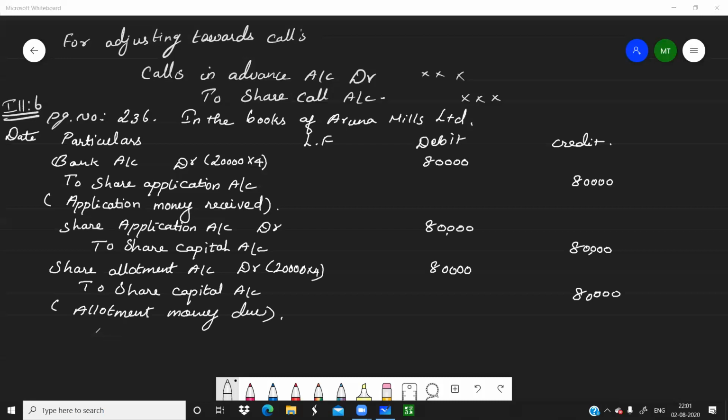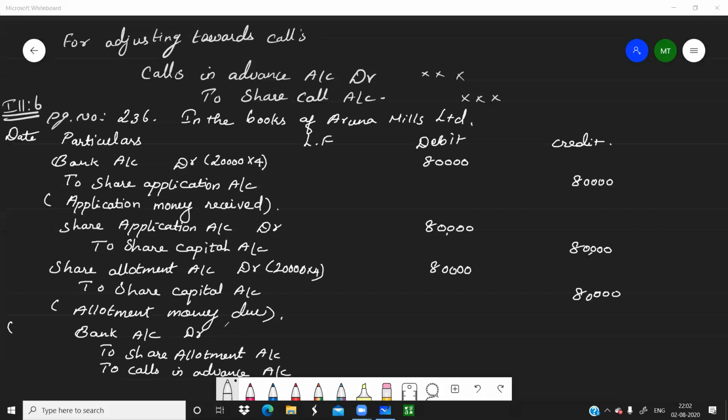Next we will see: all the money was payable as due, but on allotment one shareholder paid. Since the word allotment is there, we will do a journal on allotment. So bank account debtor to share allotment account, to calls in advance account. Since 300 shares paid in advance, calls in advance account.